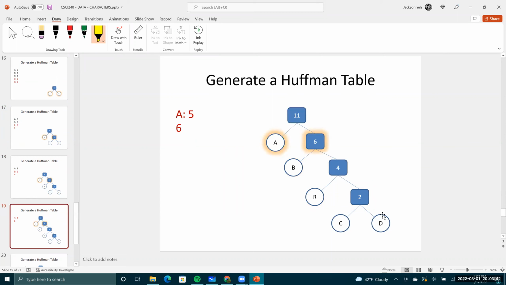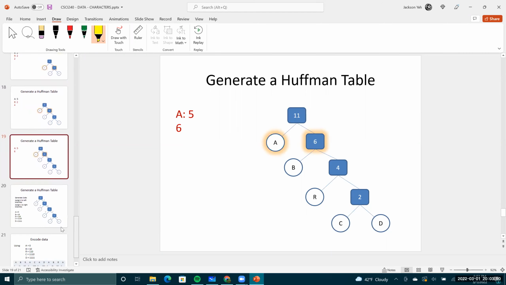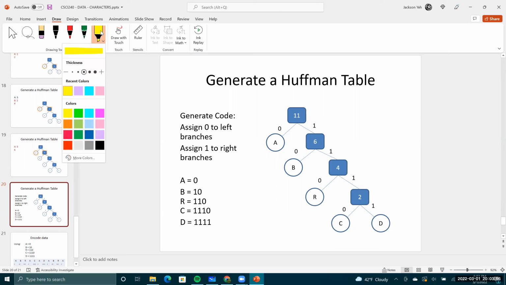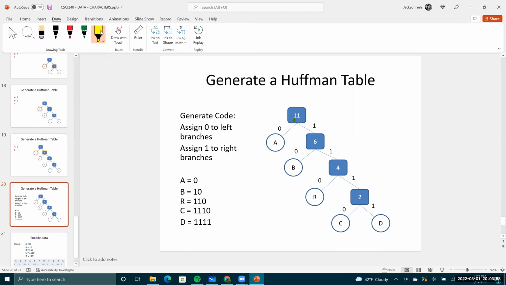So the things that happen the least often are placed at the bottom, and the things that happen the most often are placed at the top. What's the whole purpose of creating this tree? This tree is created so we can generate a code. For example, if we want the letter A, it goes from the top to A, and notice it's 0, and that's where we have A equals 0.